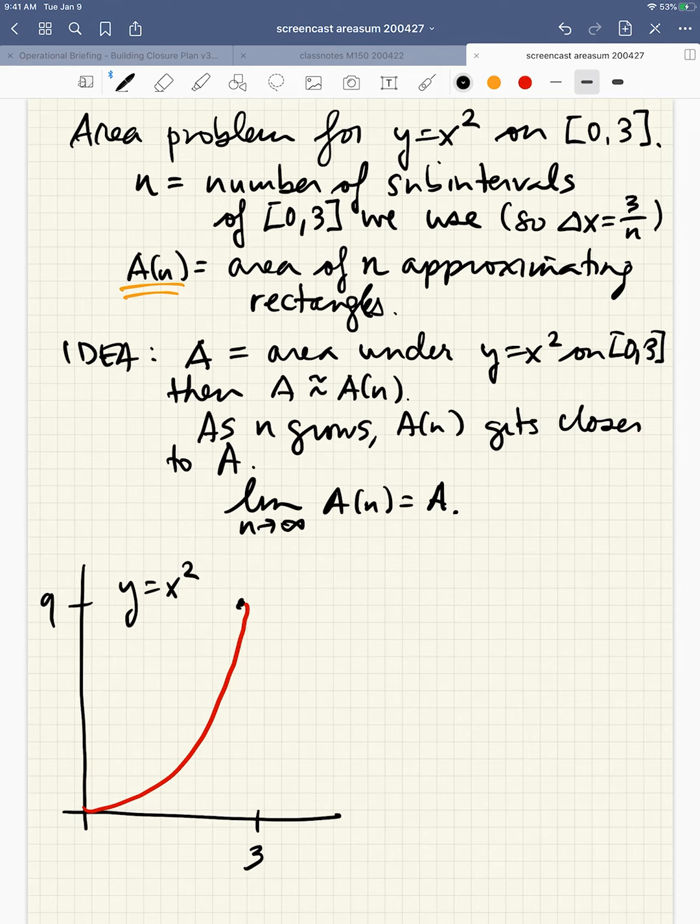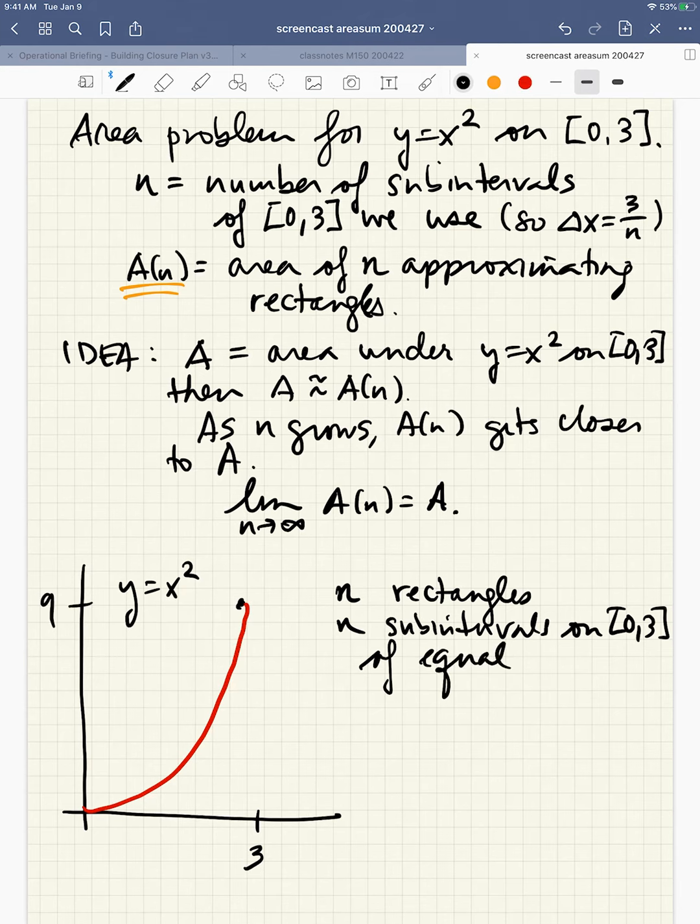What's going to happen is I'm going to have n rectangles. So that means I need n subintervals of 0 to 3 of equal width. And that width is going to be delta x, and as I remarked above, that delta x is going to be 3 over n.